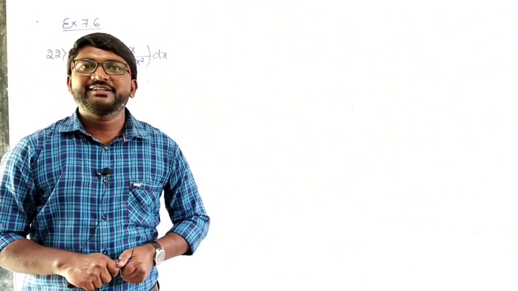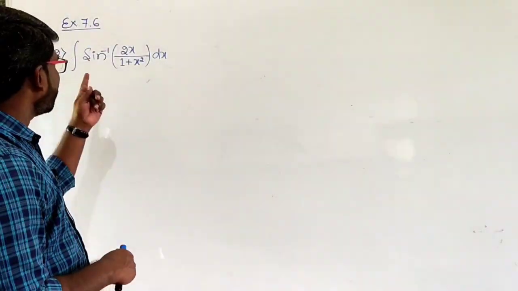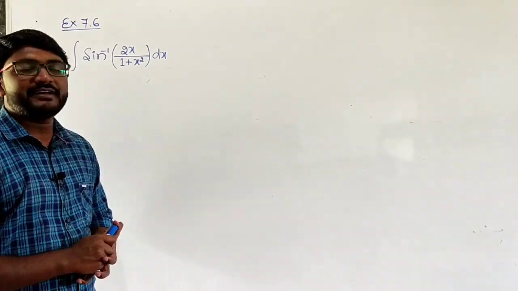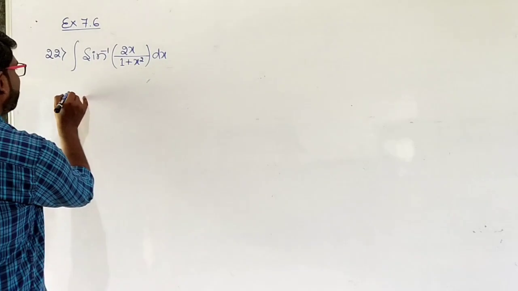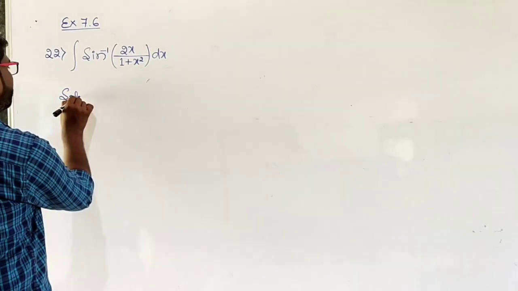Well, the 22nd question, it is integral sin inverse 2x divided by 1 plus x square dx. So here I will be going for the substitution.